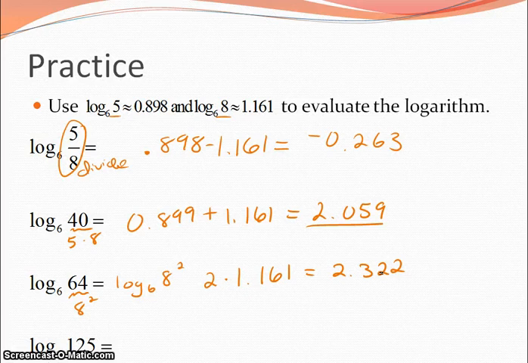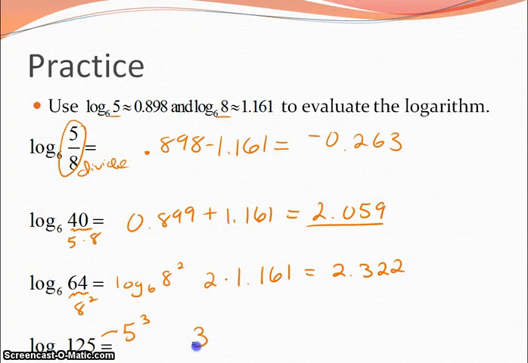We will get into, in the later part of this section, the change of base formula, but since we don't have that yet, and we're given the approximations of what these logs are, this is all we can do to evaluate them. And our last one, log base 6 of 125. Now I look at that and I say, I can't really think of any powers of 8 that might help me, but I do remember from when we did all that stuff with powers that 125 is 5 to the third.